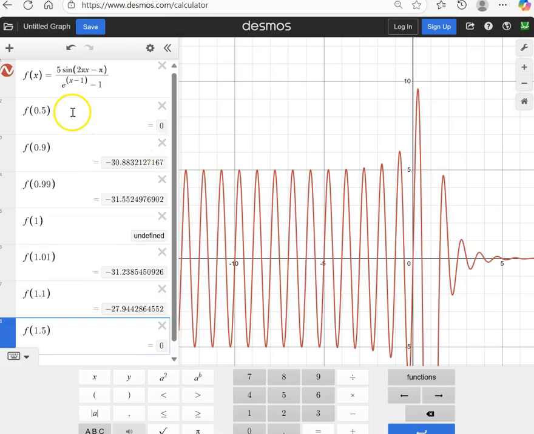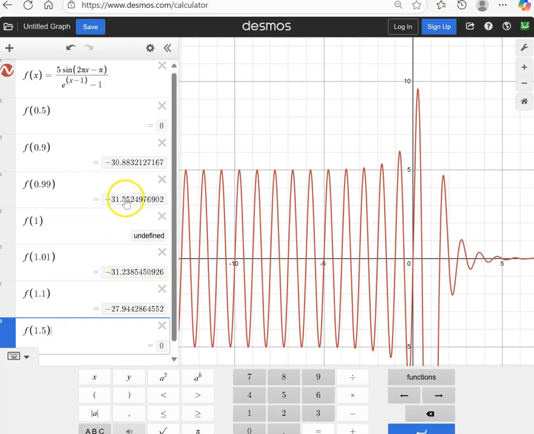Okay, so here is exactly what I said I wanted to do on paper, and I see my y values going from 0 to -30 to -31.55, and on the right I see them going from 0, interestingly again, to -27, 28-ish, to -31.23. So really, I think I have a pretty good pattern. It's somewhere between these two, I imagine.